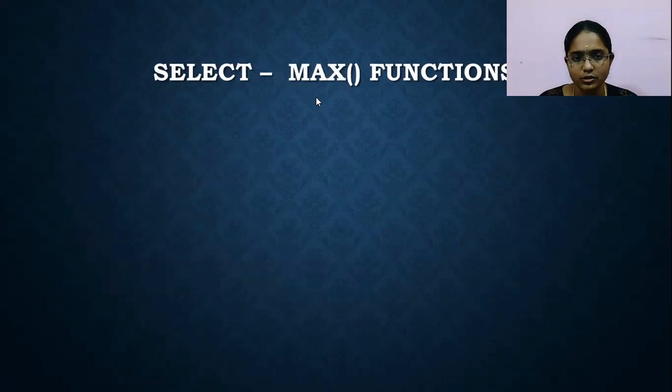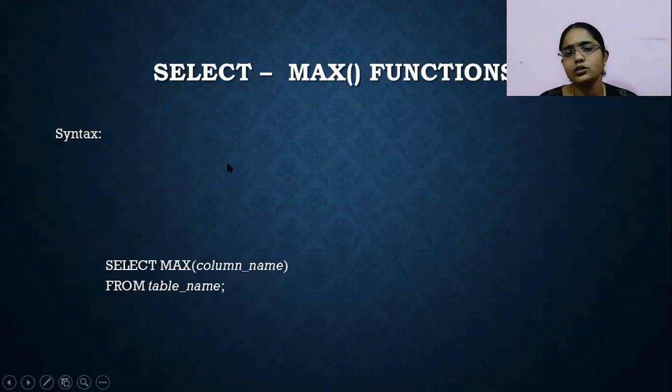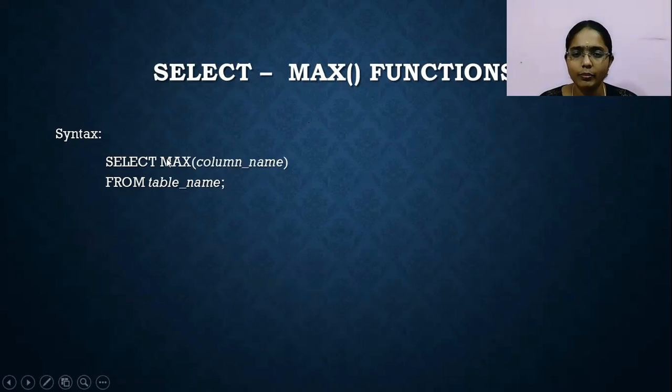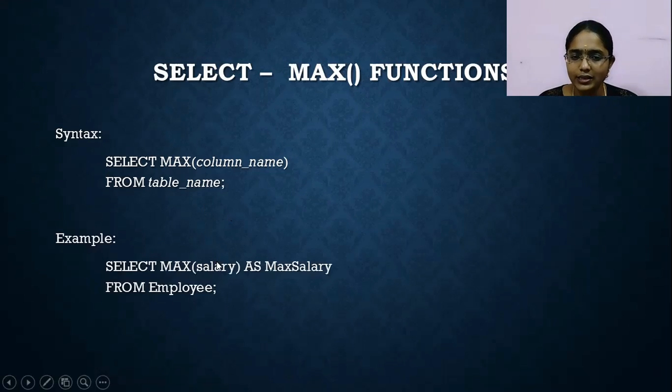And next one is MAX. MAX is going to fetch you the maximum value of a column. To apply this, you will make use of SELECT MAX followed by the column name FROM table name. For example, you can notice here SELECT MAX(salary) AS max_salary FROM employee.